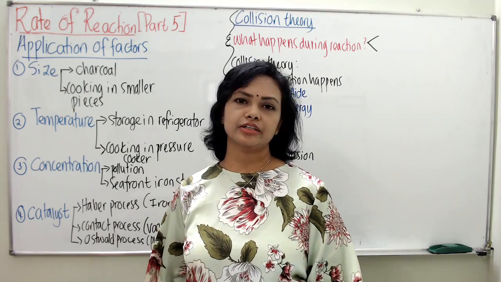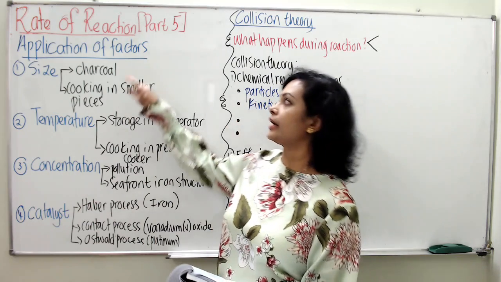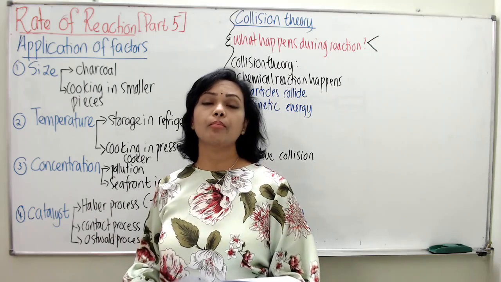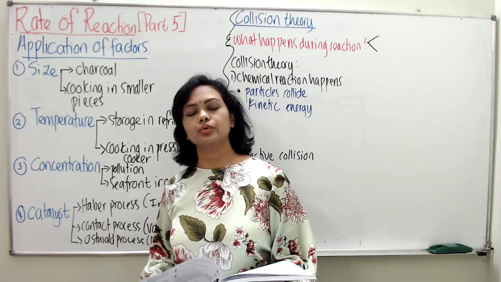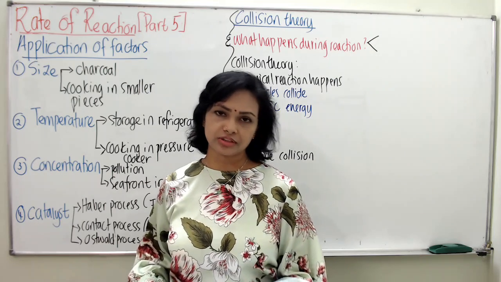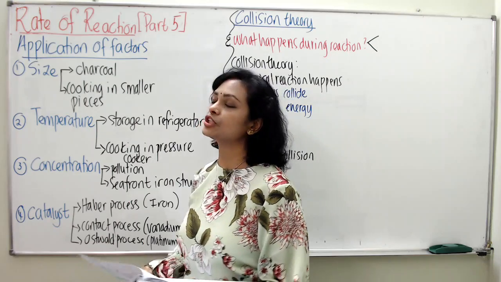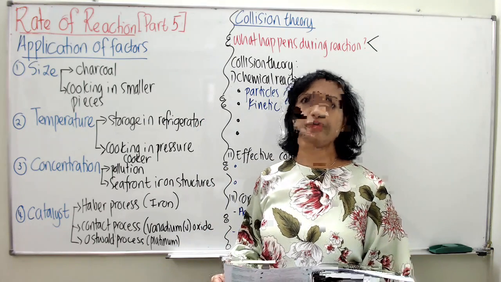Today we are here to continue on the chapter rate of reaction, and we are going to do part 5 of this chapter. The two subtopics that I am going to discuss today are the application of factors that affect the rate of reaction.